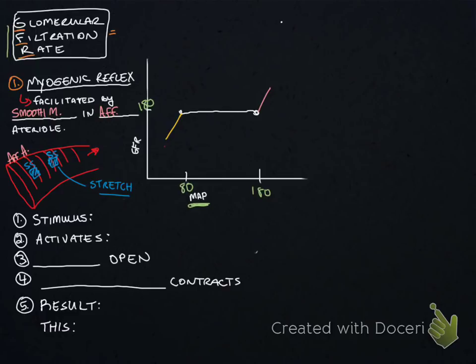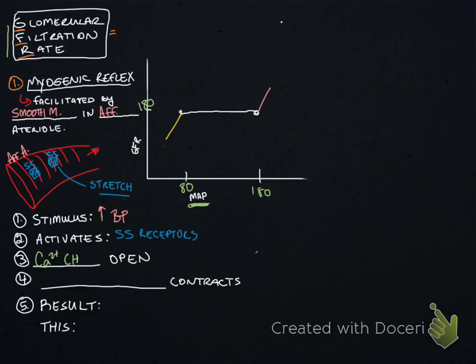So let's say in this scenario, our stimulus is an increase in blood pressure. This is going to activate our stretch sensory receptors, because we have an increase in blood pressure, and this causes calcium channels to open. Remember, calcium is important for what? Muscle contraction.